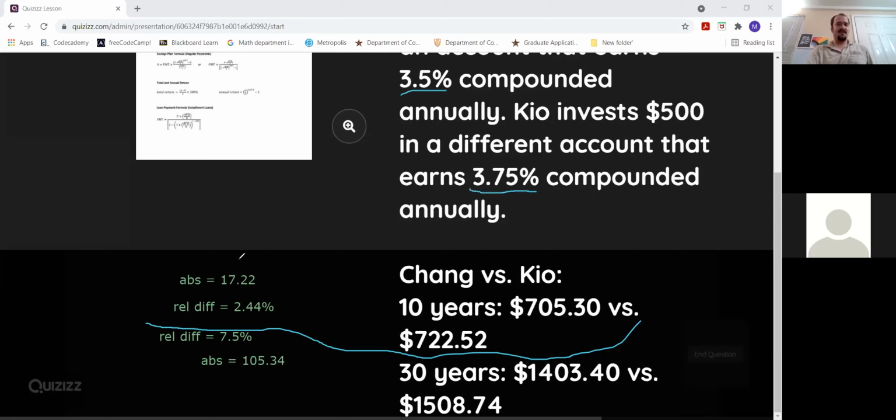And so I think the thing that they want you to notice is that in the short run, they're going to be kind of close, but the longer we go, the further off that little percent difference is going to make. If we take 0.25% for 1 year, it's not going to make a big difference. But if we keep doing that 0.25% year after year after year, it's going to build up eventually, is what this tells me.